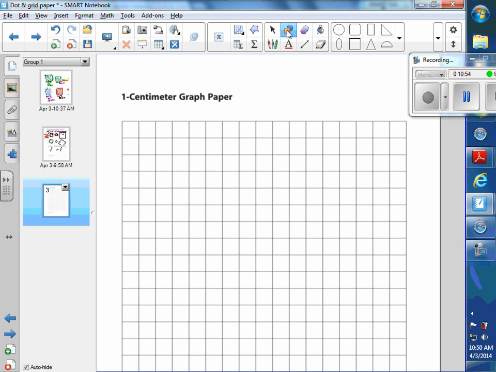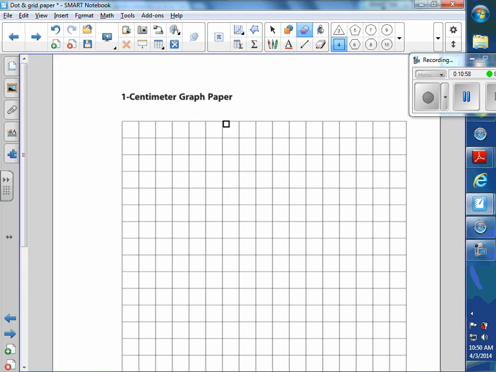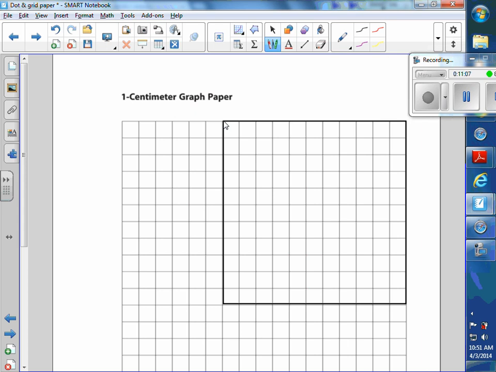If I just had a square, any square, and I wanted to find the area, it would be a pain to count the whole area. So I would just count 1, 2, 3, 4, 5, 6, 7, 8, 9, 10, 11. And I know the area is 121 square units, or in this case, square centimeters, because I know it's 11 by 11.